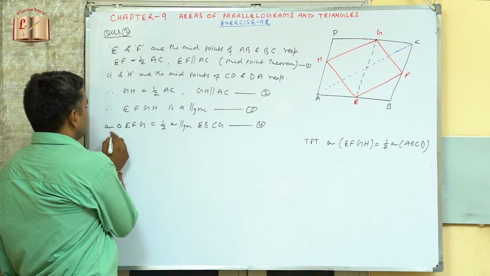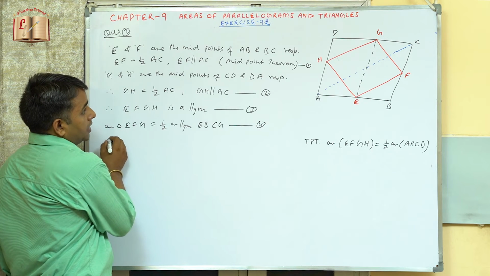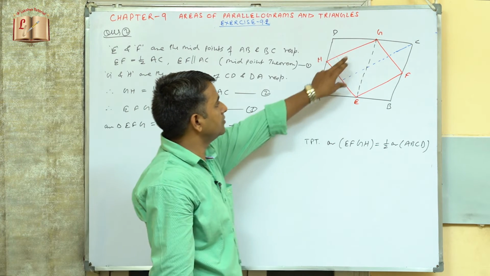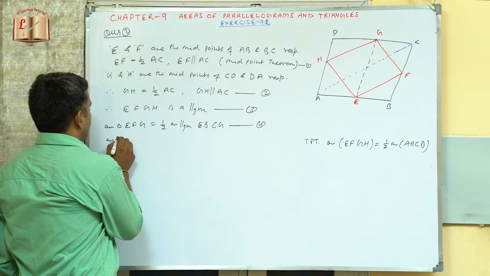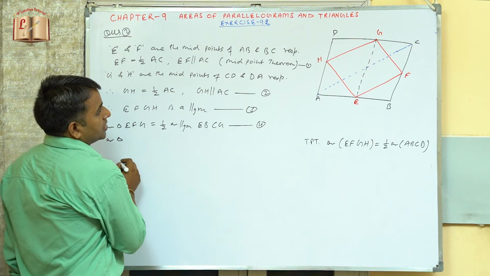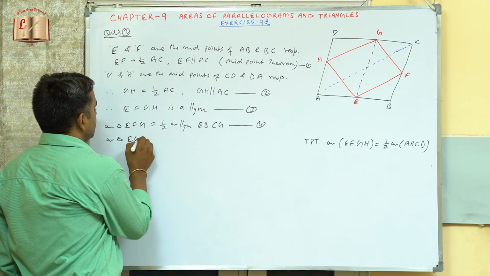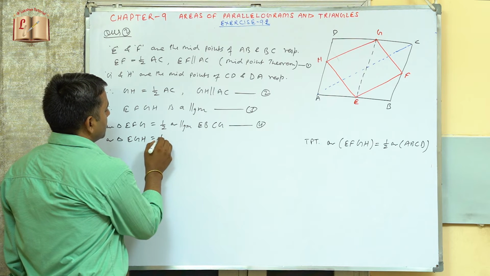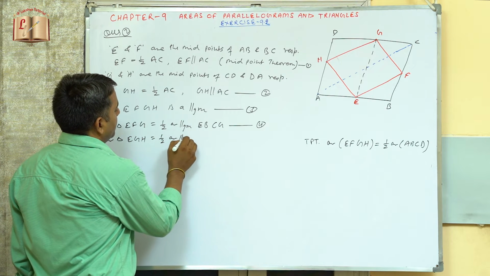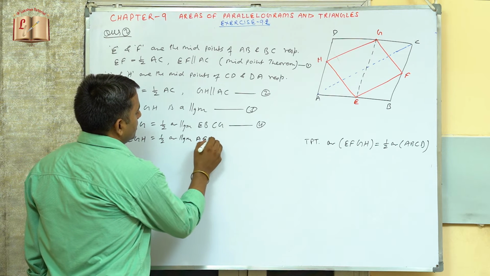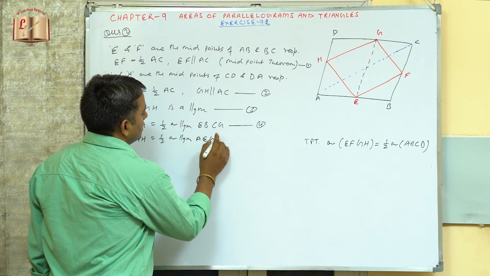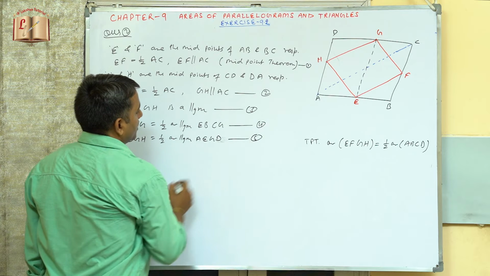And similarly we can write for here, area of triangle EGH is equal to half of area of parallelogram AEGD. This is equation number 5.